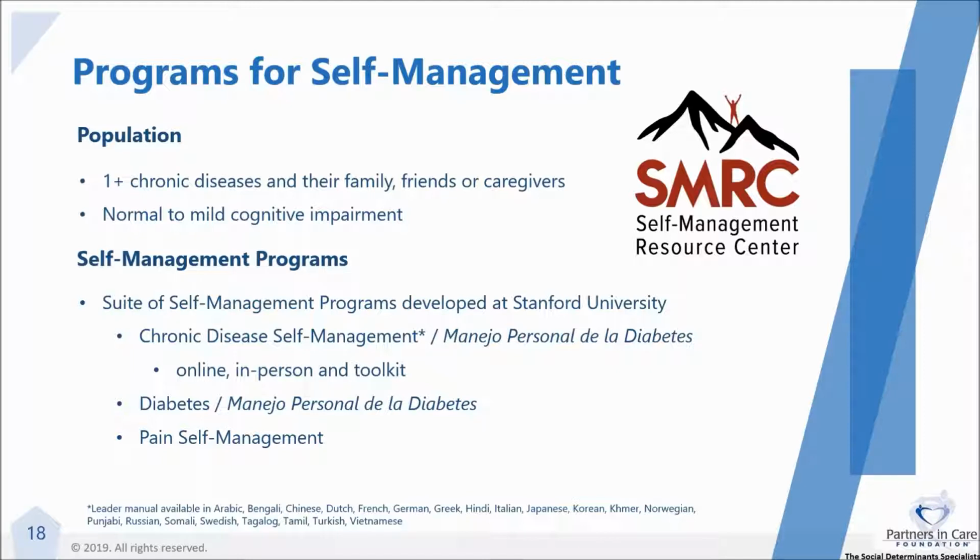We offer each person that we talk with any of these 3 ways of participating, and it's really up to them what their preference is. We also do the Diabetes Self-Management Program, both in English and Spanish, and the Pain Self-Management Program.